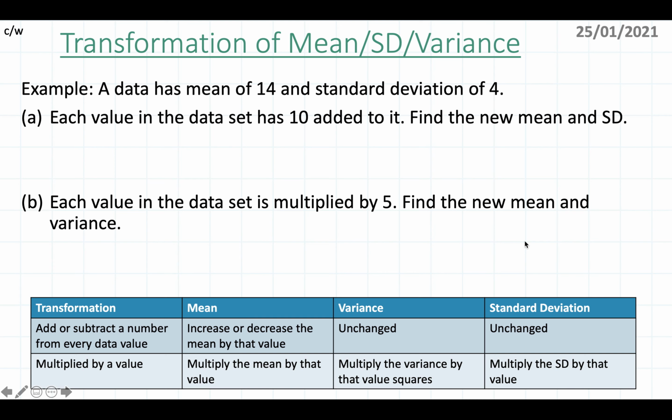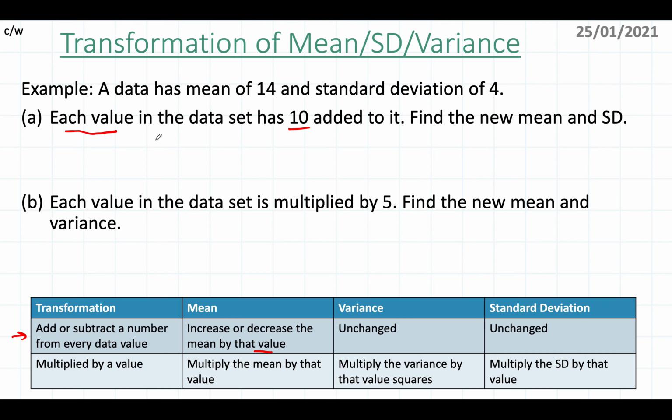Let's say we have a data set, you don't know what the values of the data are, and it has a mean of 14 and a standard deviation of 4. Now, we know that each value in the data set has 10 added to it. So obviously some values are going to change: mean, standard deviation, and variance. This is what happens with the transformation. If I add or subtract a number, the mean will increase or decrease by that value.